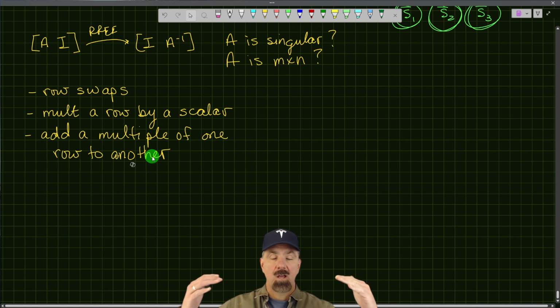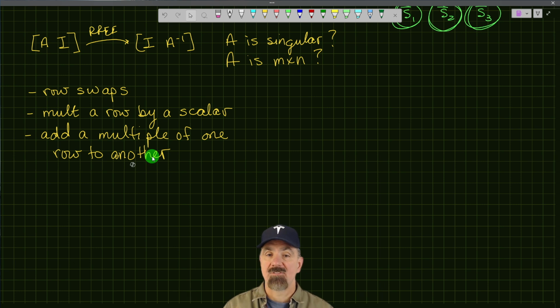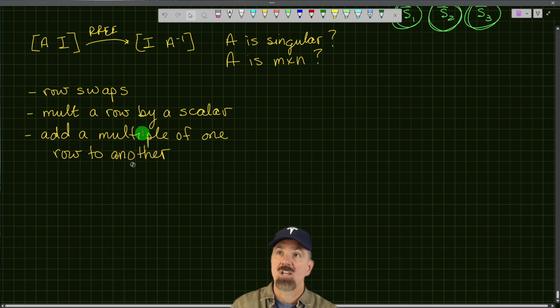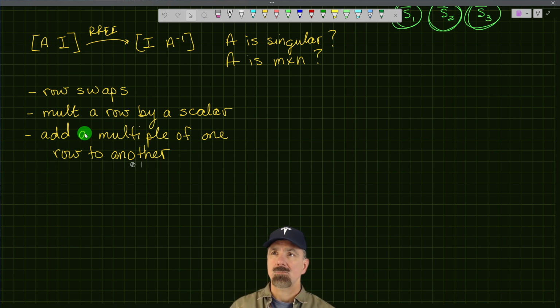And that's just multiplying one equation by a number and adding it to another equation, exactly the type of thing that you've been doing for a long time to solve systems of equations. And all Gaussian elimination does, and really Gauss-Jordan elimination, is systematically do this rapidly so that we can easily solve large systems of equations.